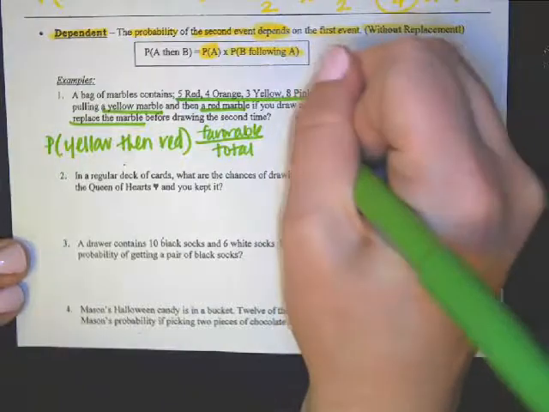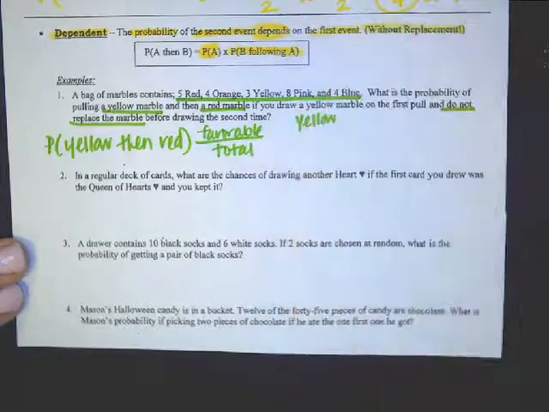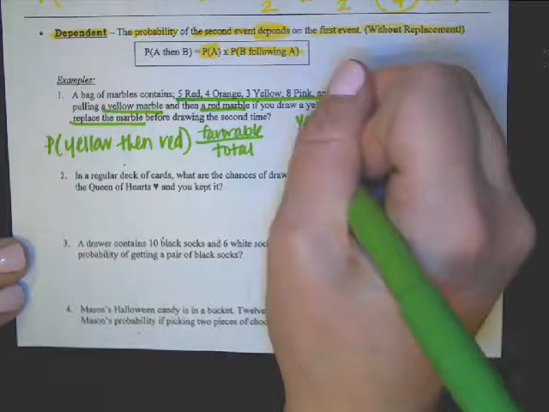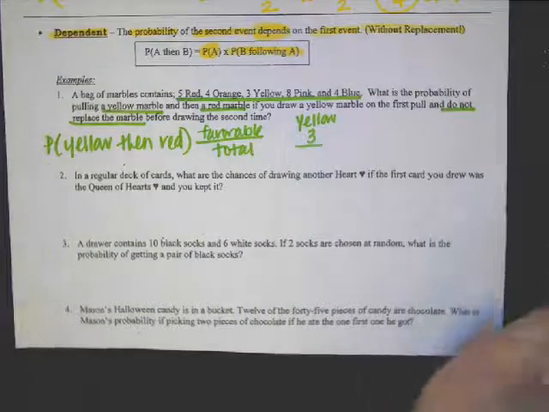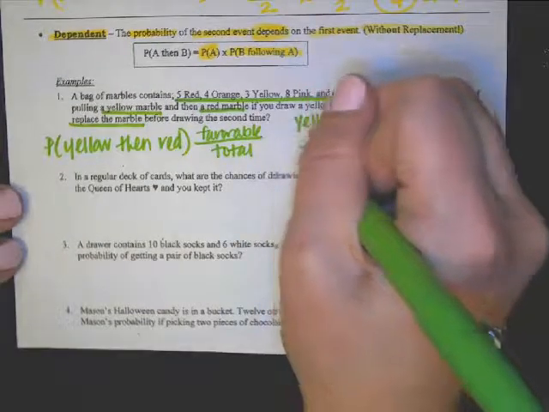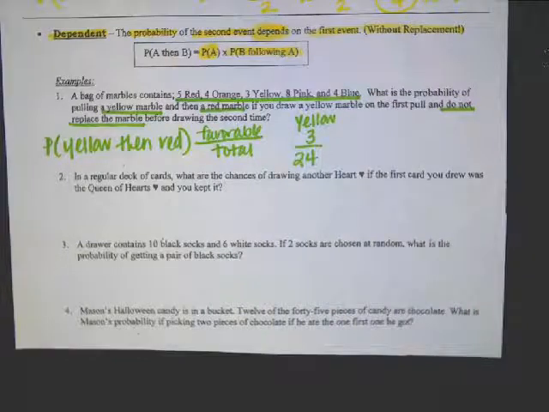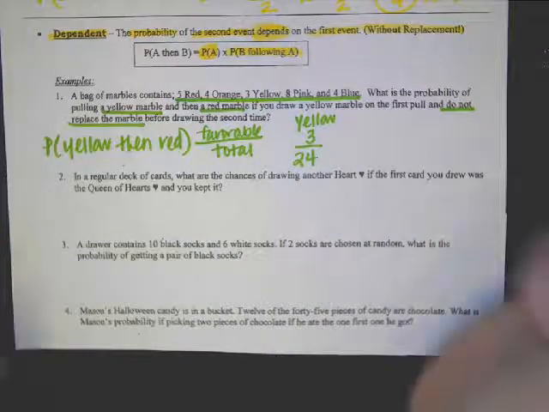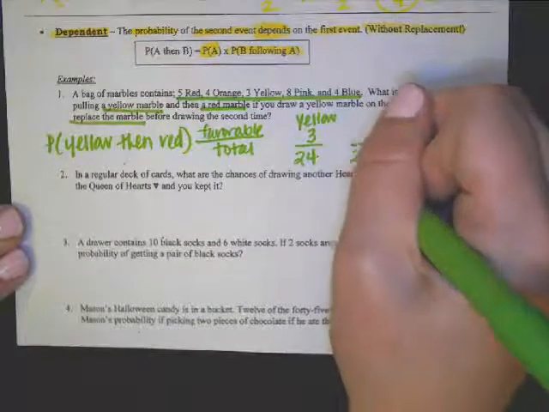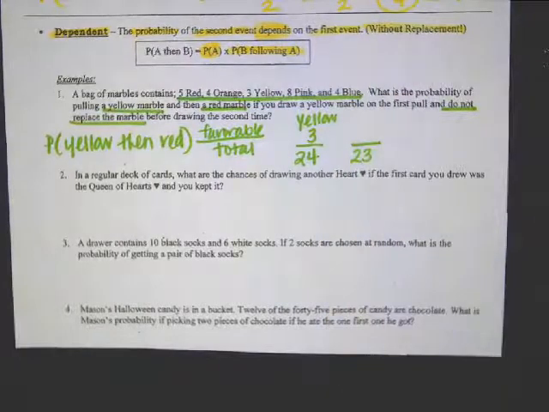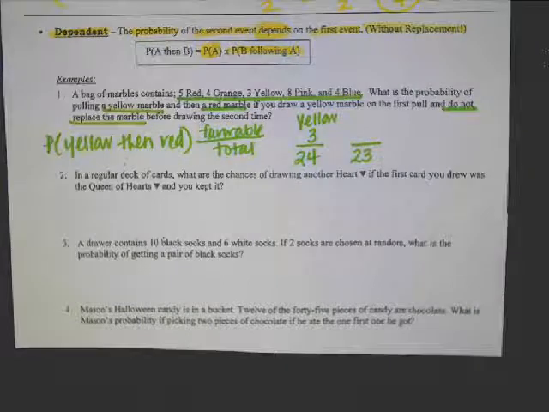If I'm trying to figure out my probability of pulling yellow, I have 3 yellow marbles out of a total of 24 marbles. Once I take out a yellow marble, I'm going to be left with 23 marbles. Remember, I'm not replacing the yellow marble, so this changes the total that's in the bag.